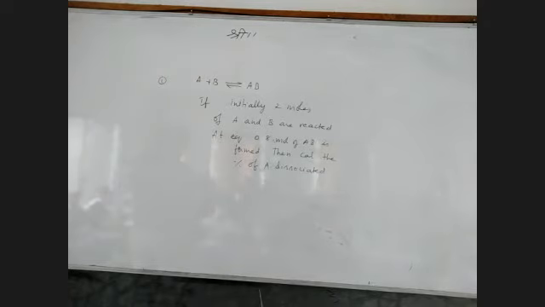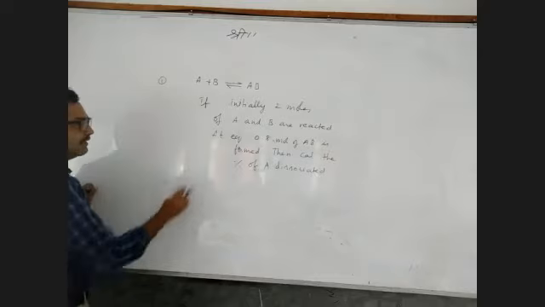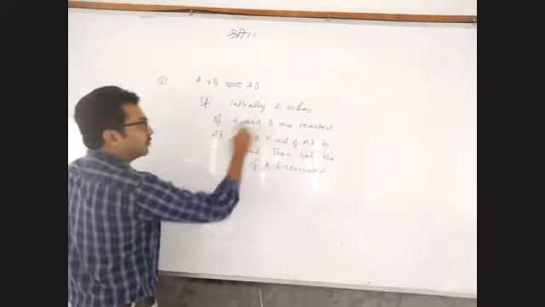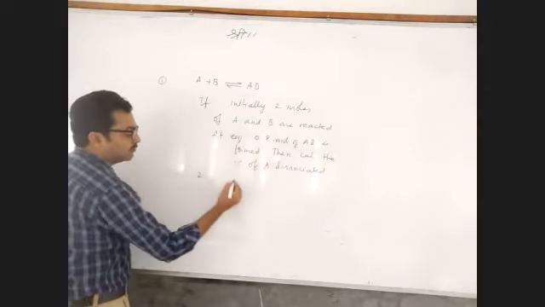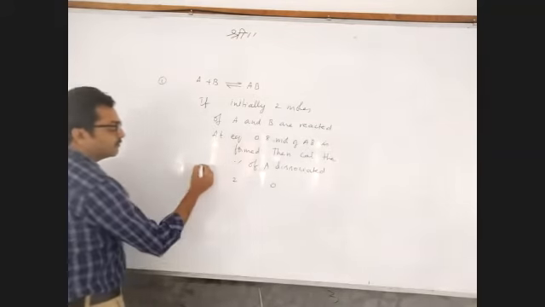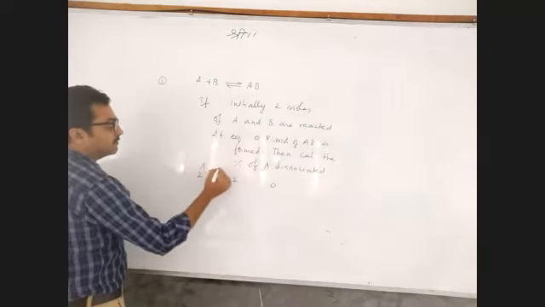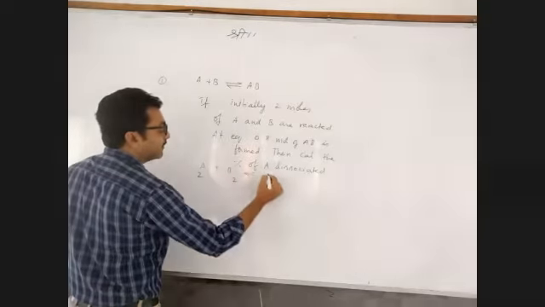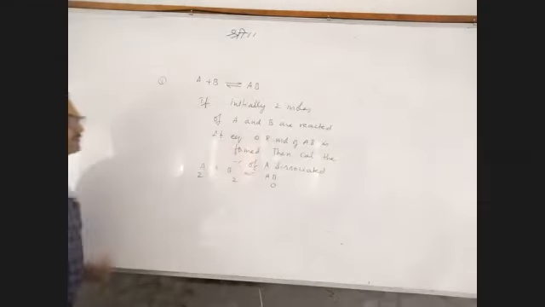Shavani, tell me. Initially what you have taken? 2 moles of A and B means 2, 2, 0. Am I right or not?